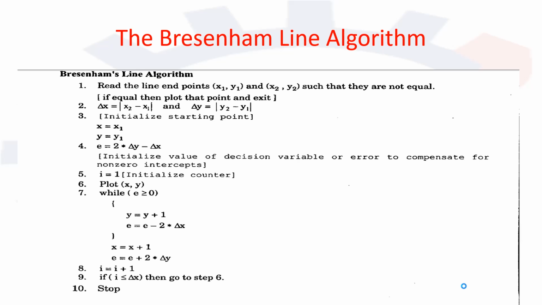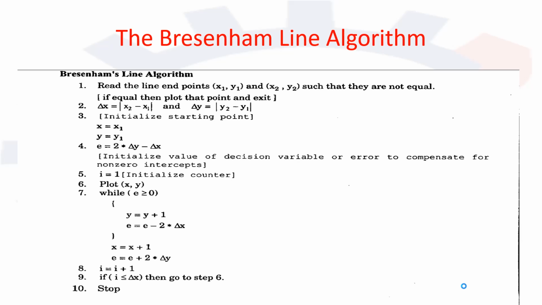Now plot x and y. After calculating the decision variable value, we plot that pixel x and y, and go into the loop, while e is greater than or equal to 0. If the decision value is greater than or equal to 0, then we increment the y value, that is y is equal to y plus 1, and e is updated using delta x.